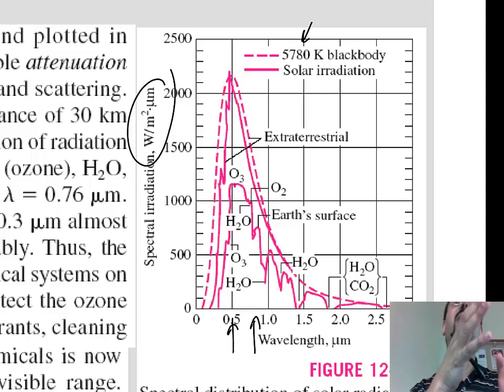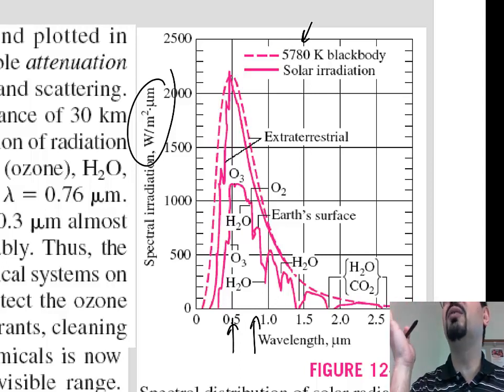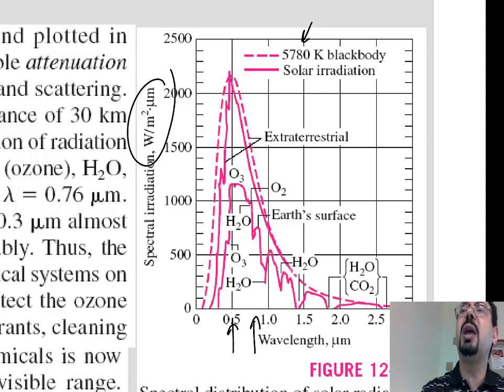If you bring a black body at the same temperature as Jason at 98, we will get more radiation from that black body than from Jason. So Jason will be radiating a fraction of that black body. That fraction is epsilon. It's the emissivity of Jason, right? So you will have an emissivity of 0.7, for example, or 0.5, right? You can see the sun is almost like a black body at that temperature, all right?